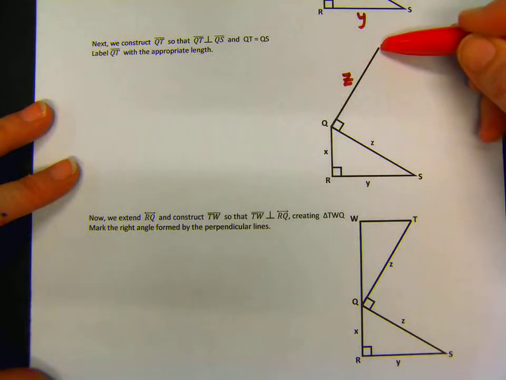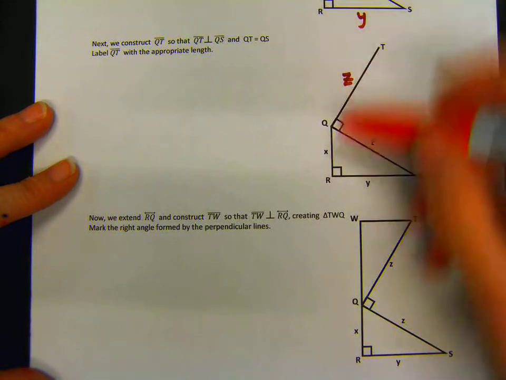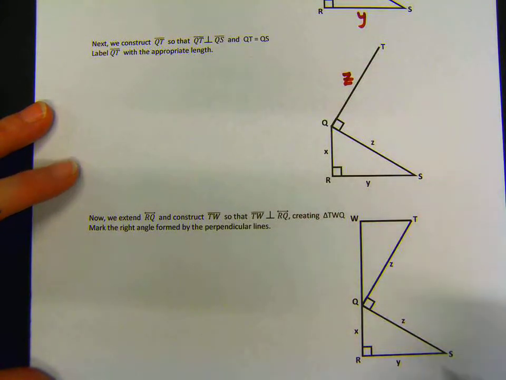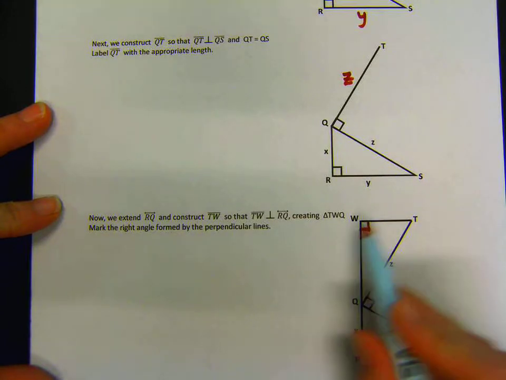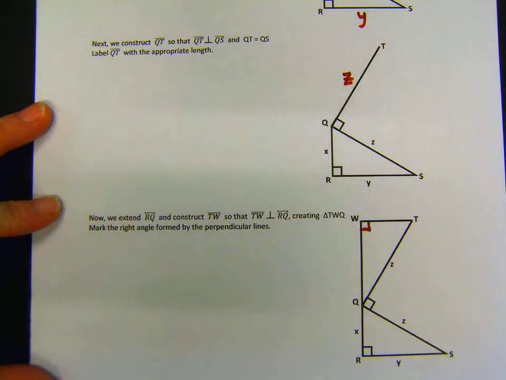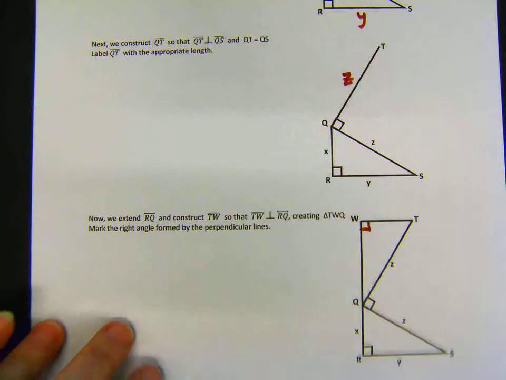So here was T originally, and they're just going to keep this line going up, and then they're going to make TW be perpendicular to RQ. So this was a right angle. TW is perpendicular to RQ. So there we go. Mark the right angle, so we have that marked. So now we have all of those things done.